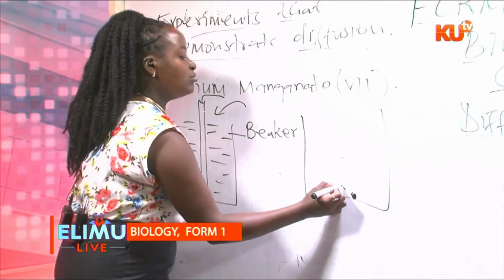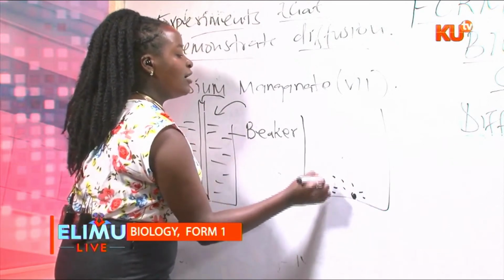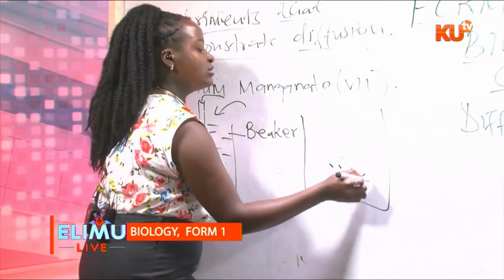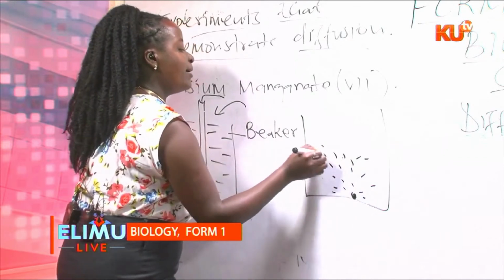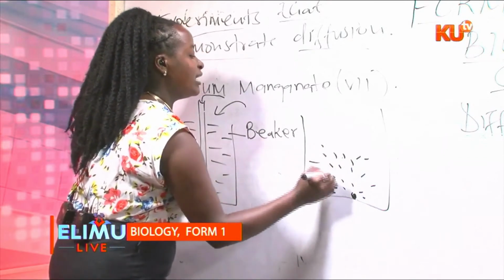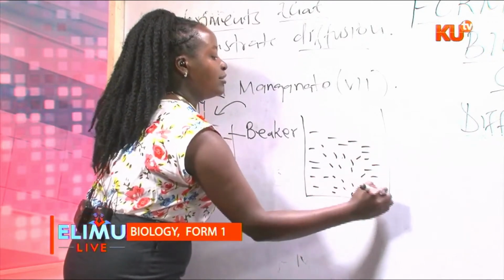And so what will happen, the particles of this crystal will break away and they will start spreading inside the water. So this is the crystal on the lower side.